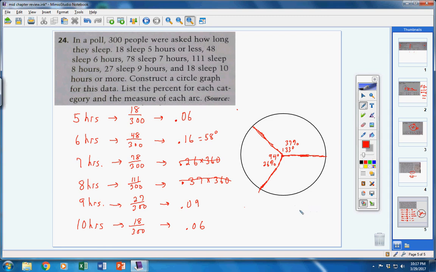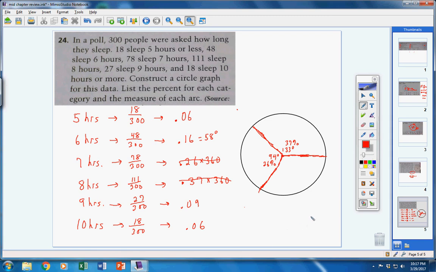58 degrees. Let's see what we have here. We have 10, 20, 30, 40, 50. Sorry guys, your old math teacher's getting old here. Let's see. 10, 20, 30, 40, 50, 60.